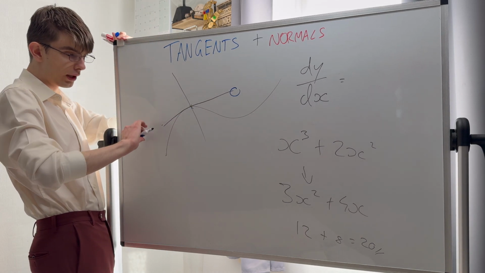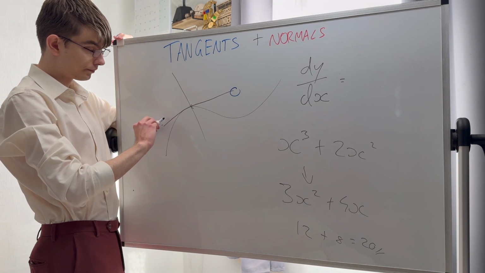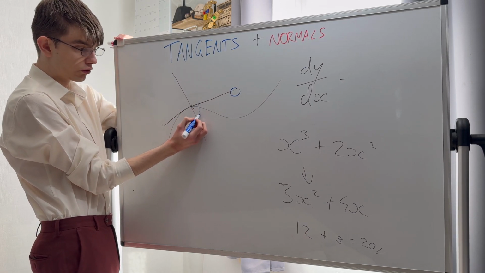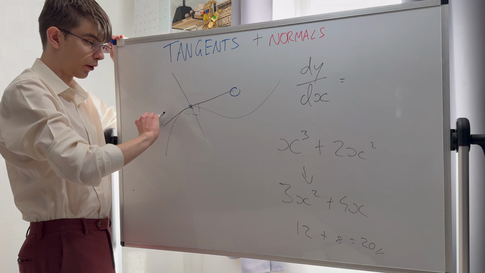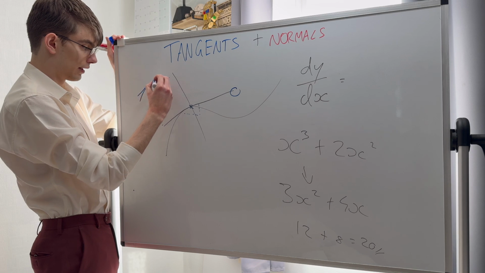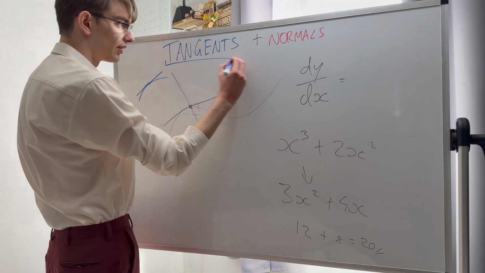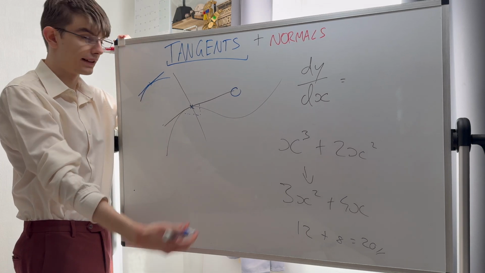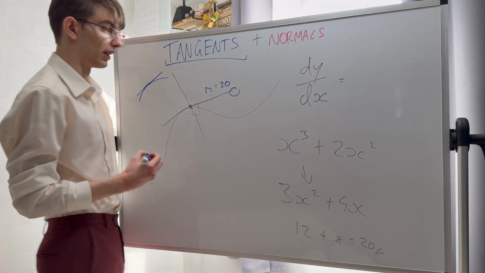Because it is following the same path as the graph, when it touches this point, its gradient is going to be the same as the gradient of my graph here. If I zoomed in, at that point they both look like straight lines. So a tangent is a line that has the same gradient as the point on the graph it is touching. In this case, this tangent would have a gradient of 20.